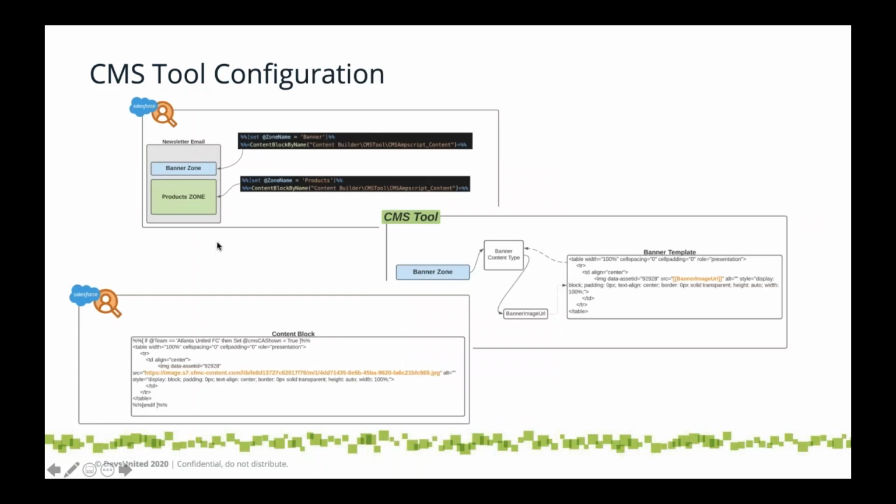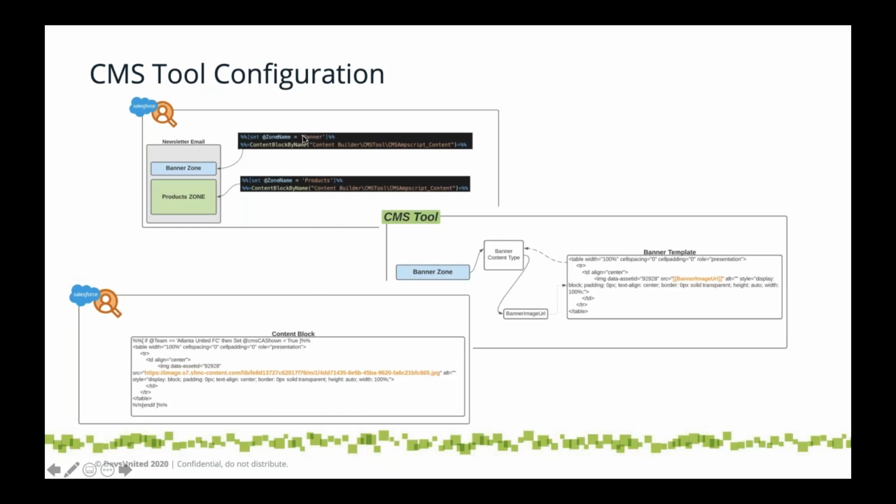So in terms of the configuration, as I mentioned, for this use case we have the newsletter email where we have the banner zone and then the product zone. Inside the email, in the banner zone, in the place where we want to show that main banner, we will put only this AMPscript code block.